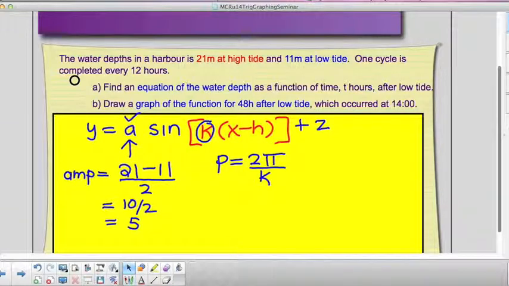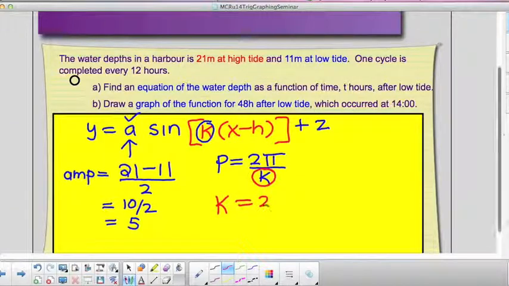I want to know what my K term is. So we can switch around this formula. K is equal to 2 pi over P.